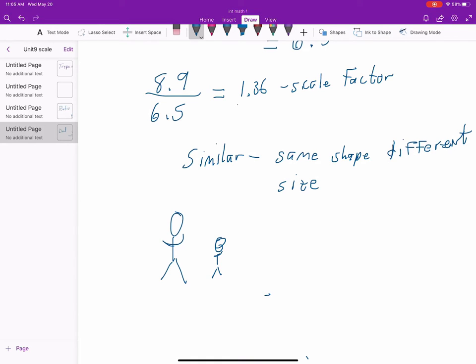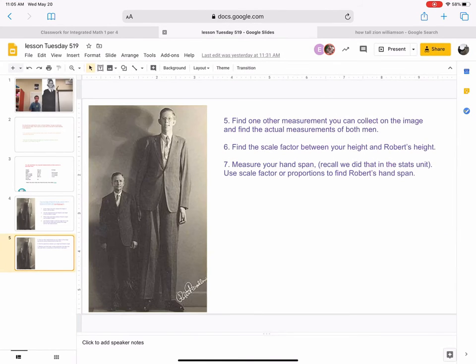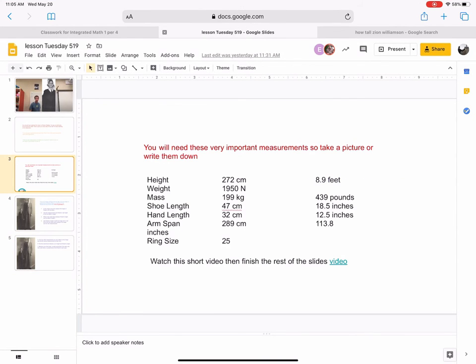So now we know what the scale factor is. One of the things they talked about with Zion is they gave him a wingspan. Well, I wonder if Robert had a wingspan. So let's go check to see if he actually had one. I think that was in this lab. Arm span is kind of the same.